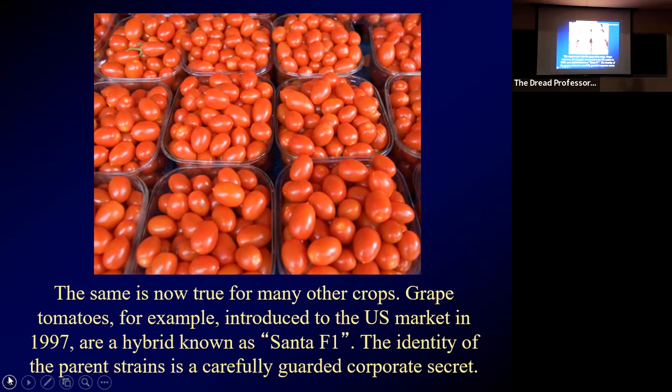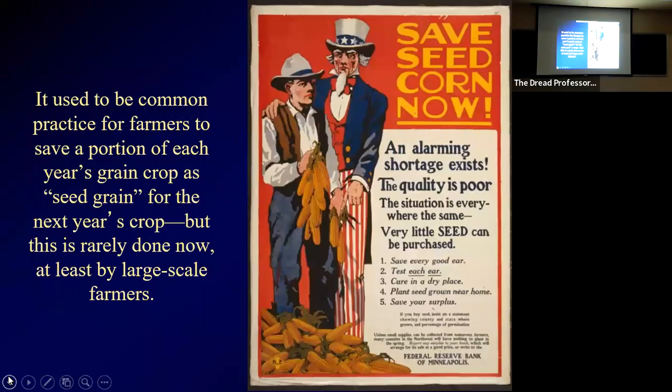So you get grape tomatoes by crossing two different tomato plants and planting the seeds of the cross. And exactly what those strains are is a trade secret. You don't want anybody to be able to grow grape tomatoes. There's one company that's got a monopoly on the knowledge of what two strains you have to crossbreed in order to get hybrid grape tomatoes.